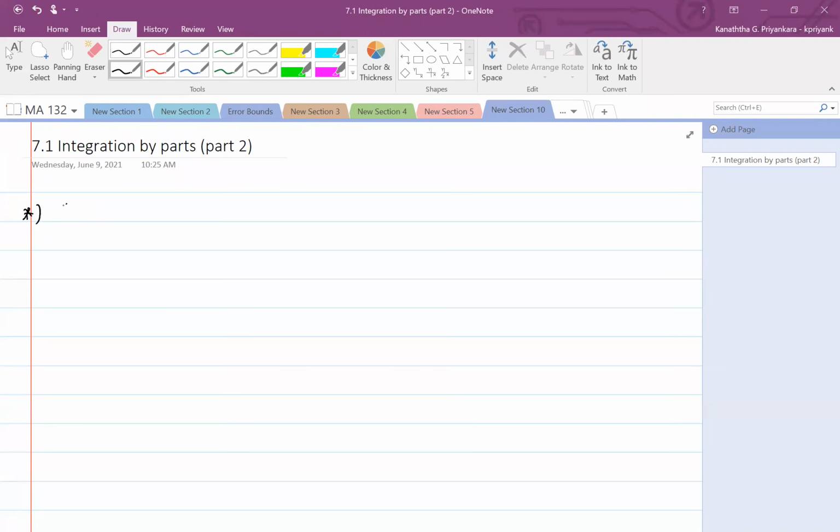So we need to integrate from 0 to 1. The function is x squared e to the power negative x dx. You can see that there's a product, x squared times e to the power negative x.